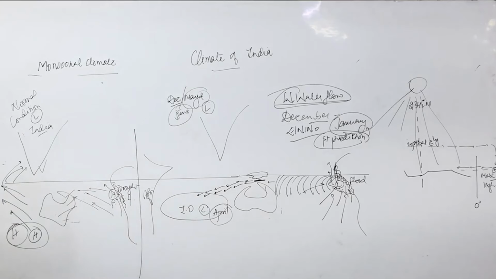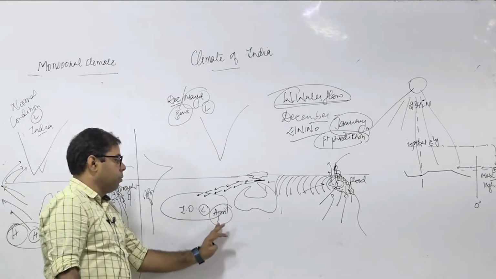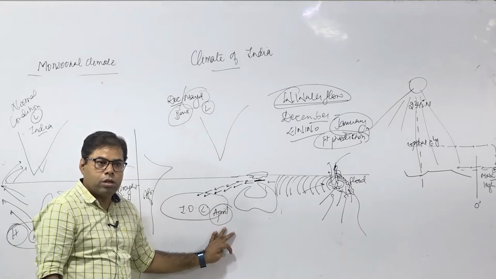What will happen then? In the month of April, 23rd March is the day of equinox. So the sun's position is on the equator and then it shifts over the northern hemisphere, Tropic of Cancer. So gradually this area will be transforming into high pressure, right?